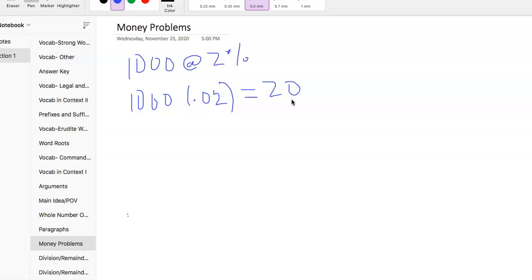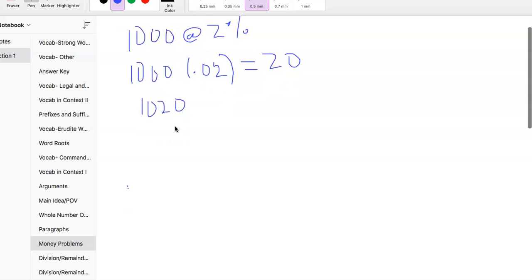For the first month it's correct, right? We have 1,000 plus 20, now we're at 1,020, right? Okay, but month 2, we're going to be multiplying not times 1,000, but times 1,020, right? And so that number is going to be slightly bigger than 20. 1,020 times 0.02 is 20.40.